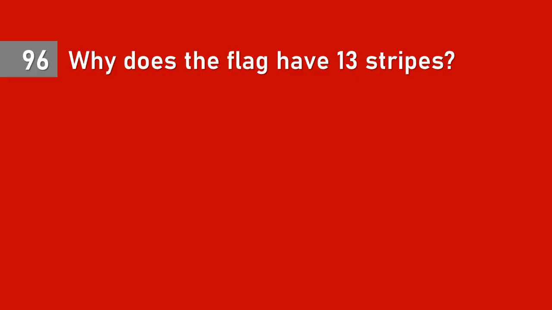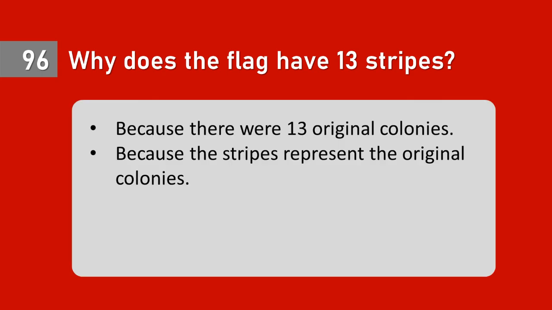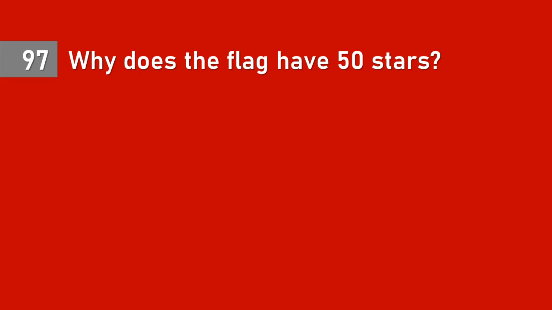Section B, Symbols. Question 96. Why does the flag have 13 stripes? Because there were 13 original colonies. Because the stripes represent the original colonies. Question 97. Why does the flag have 50 stars?